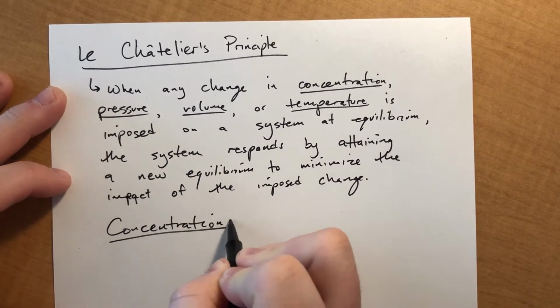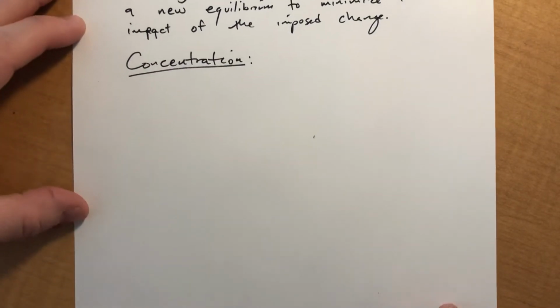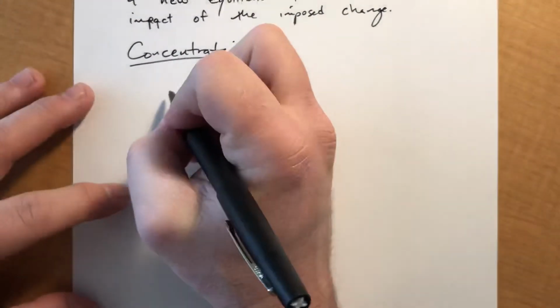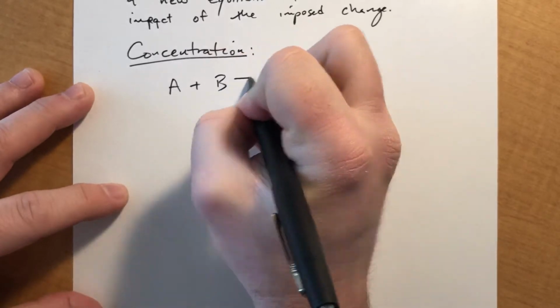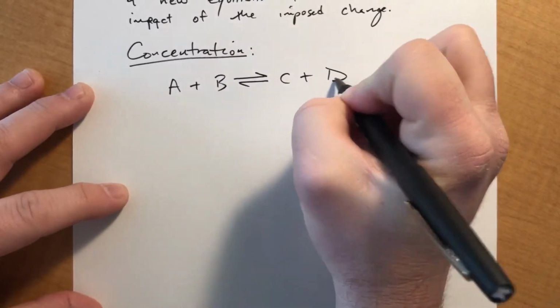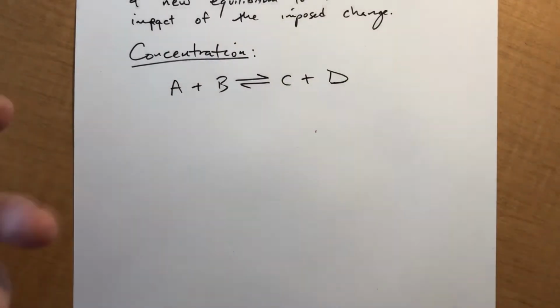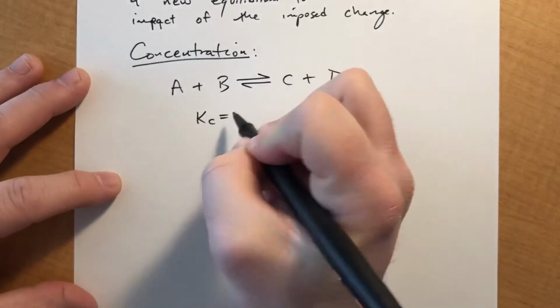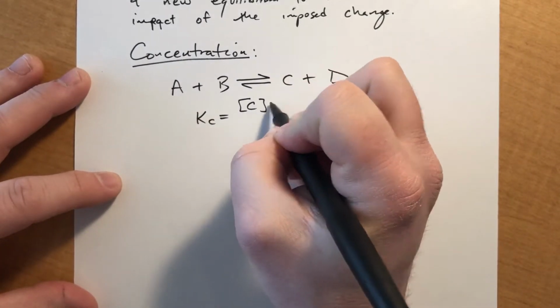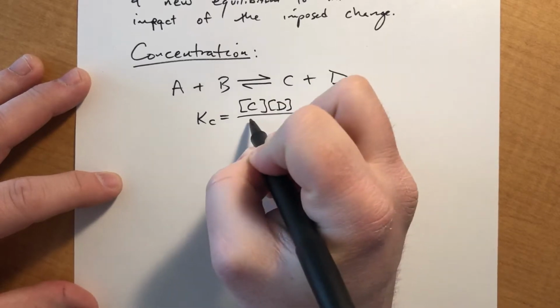I'm going to talk about this in generalized terms, because it works pretty well. So let's say we've got A plus B forms C plus D. If there was an equilibrium constant, it would be products over reactants raised to the coefficients, but none of these have coefficients, so it all works out pretty easily.